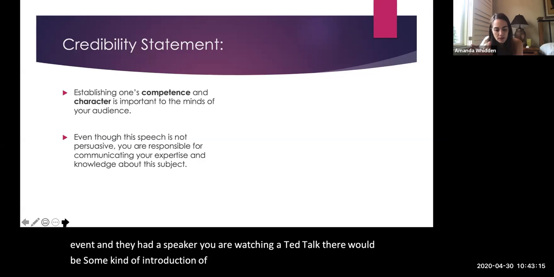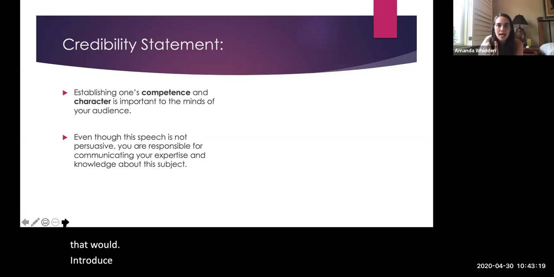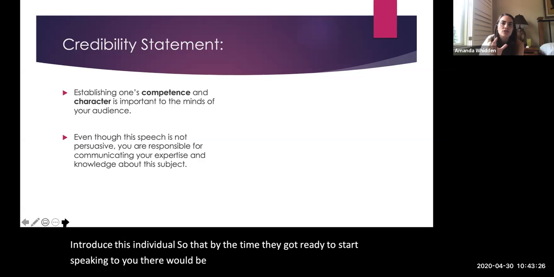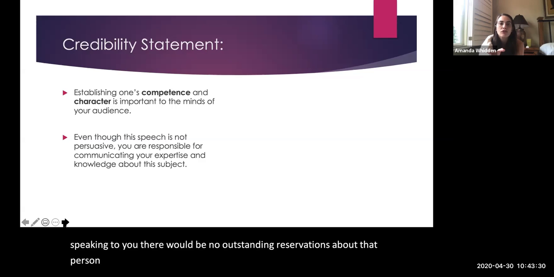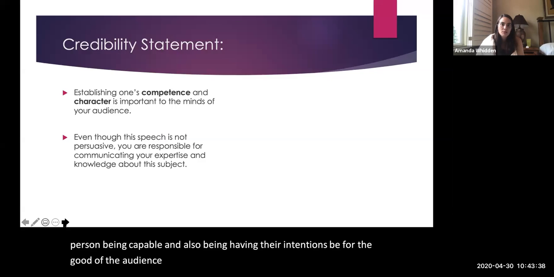There would be something that would introduce this individual so that by the time they got ready to start speaking to you, there would be no outstanding reservations about that person being capable and also having their intentions be for the good of the audience. So credibility contains both competence and character.